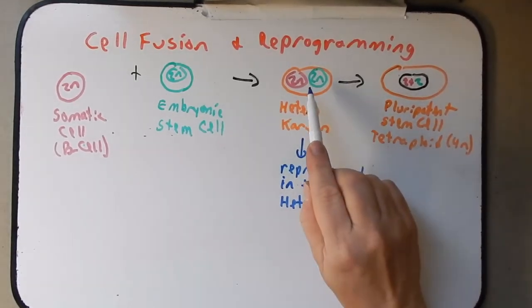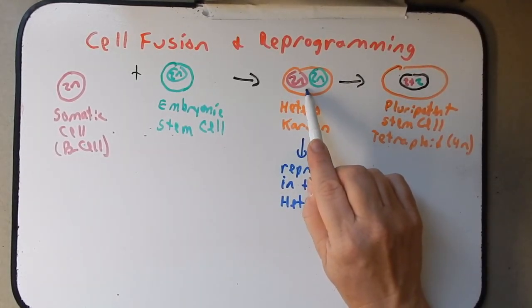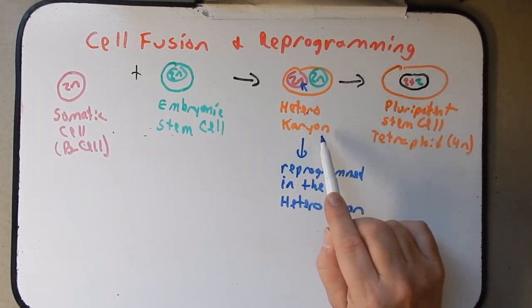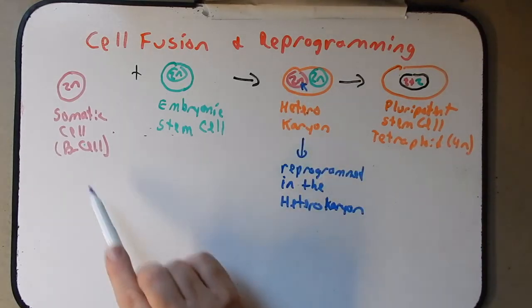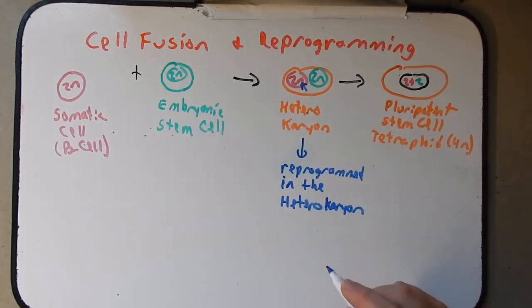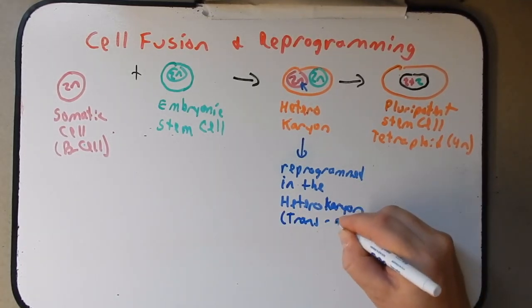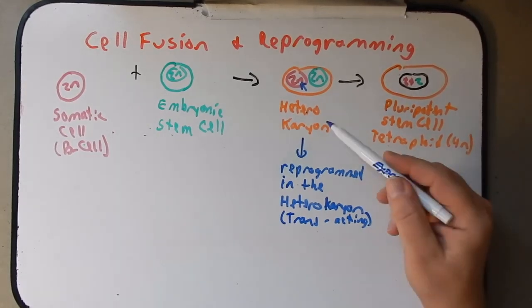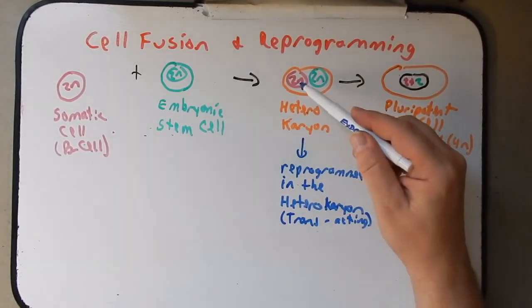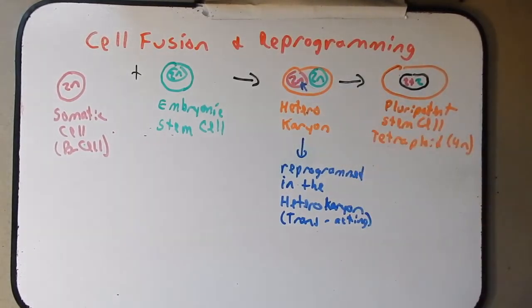There are factors that somehow will enter into this nucleus from the somatic cell and reprogram it to turn on OCT4 and some other genes. And we would call that trans-acting. Something from outside the immediate chromosome being affected is acting on that expression.